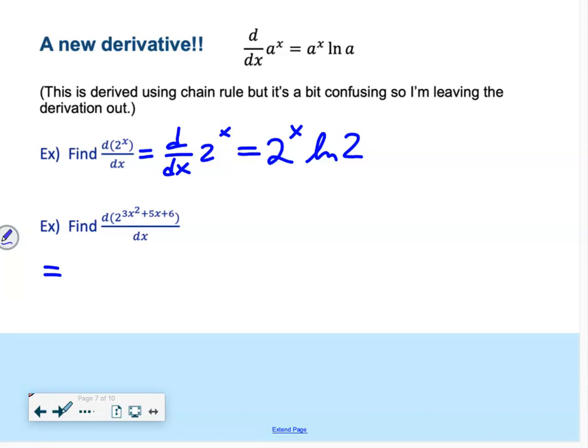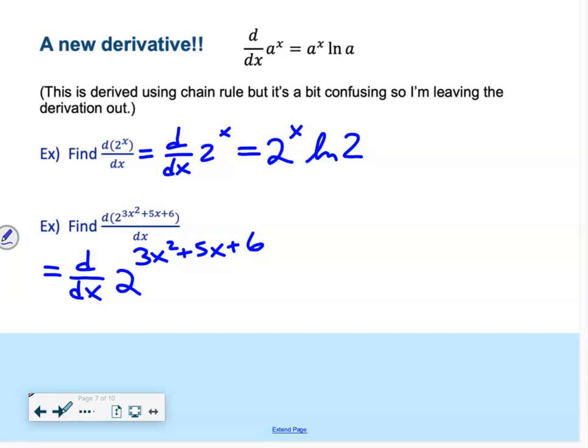All right, next one, again, I'm just going to rewrite the notation so you can see what's going on. d dx of 2 to the 3x squared plus 5x plus 6. Uh-oh, our guts are no longer just an x, which means we have to apply chain rule.